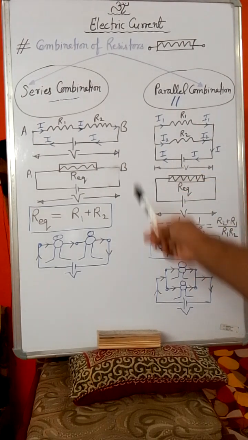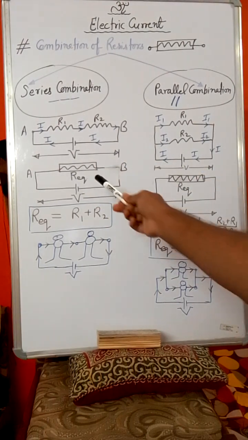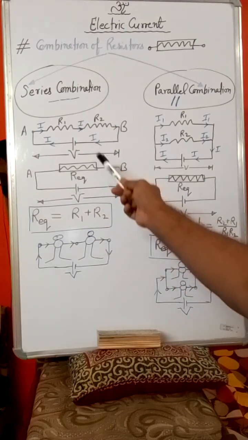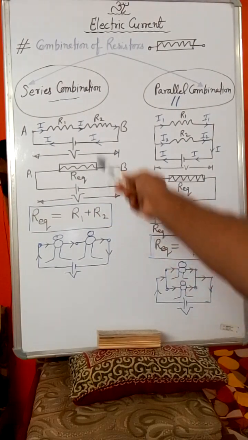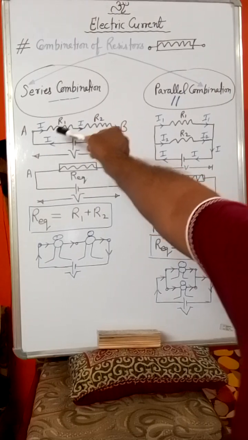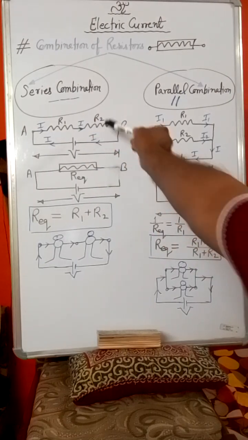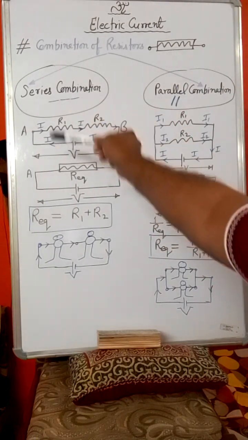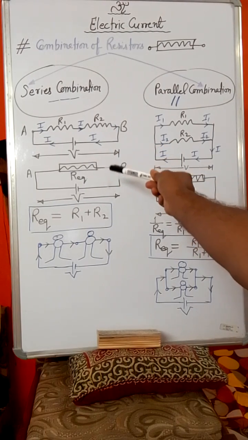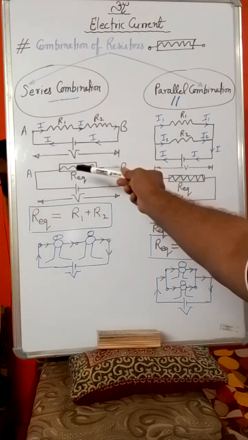Okay. Now, what do we mean by equivalent resistance? Suppose there are two resistors R1 and R2. Can we replace these two resistors with a single resistor that can do the job of both?